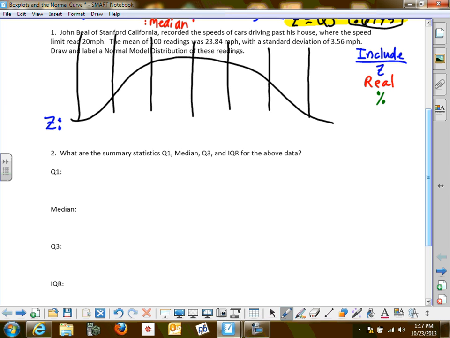So what's happening is, here is my mean, so put your mu right there. What is the z-score of the mean? Ah, 23.84 is the actual real-world data value. I want the z-score of the mean.